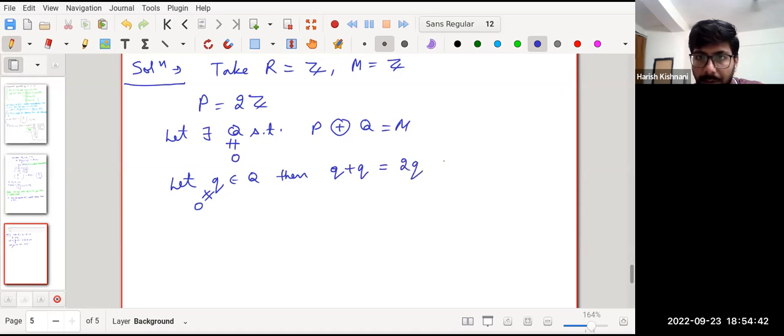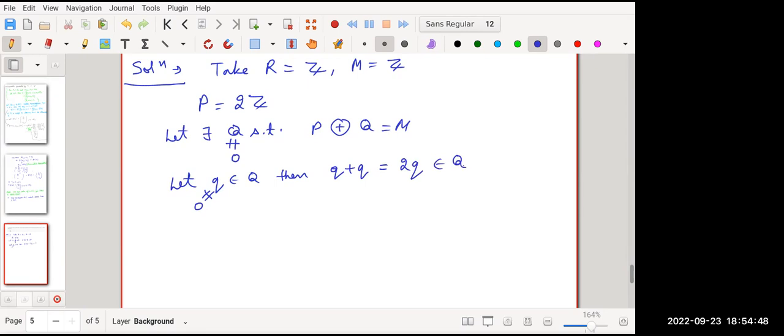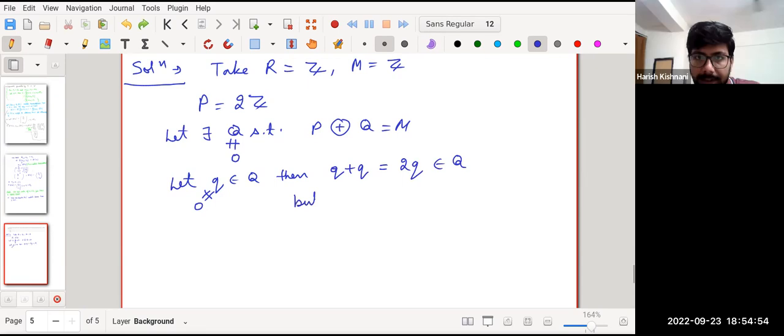This 2q will also belong to Q, but as your P is 2Z, 2q also belongs to P, and that implies P intersection Q is non-empty.